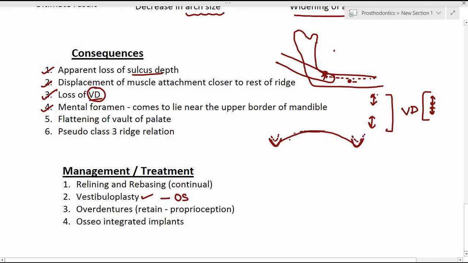This is remaining the same, but the extremities are meeting here. So the general height has decreased. Initially it was something like this, and it will now become flatter, like this. And the flattening of the vault will decrease the air retention and stability.